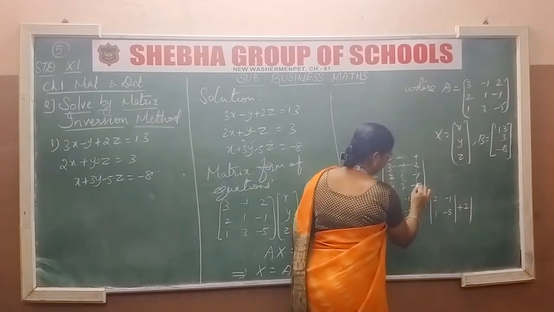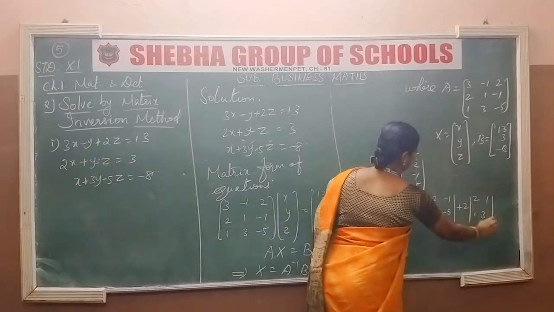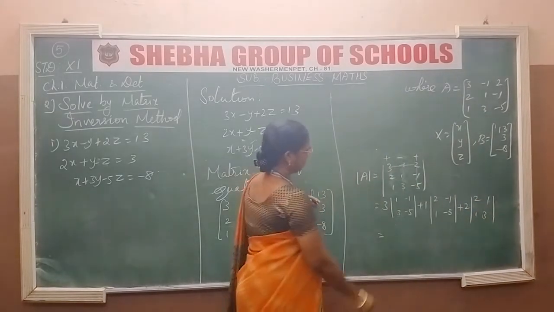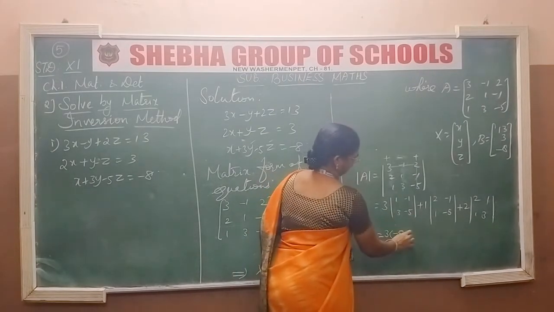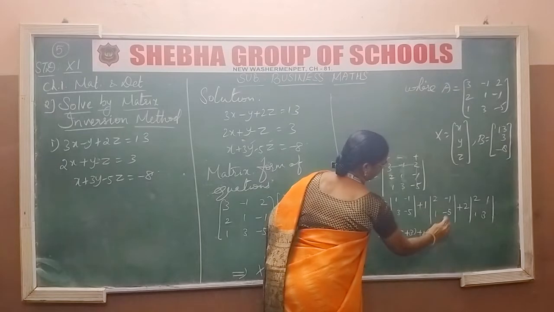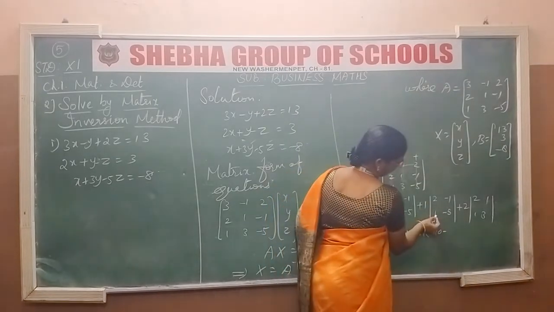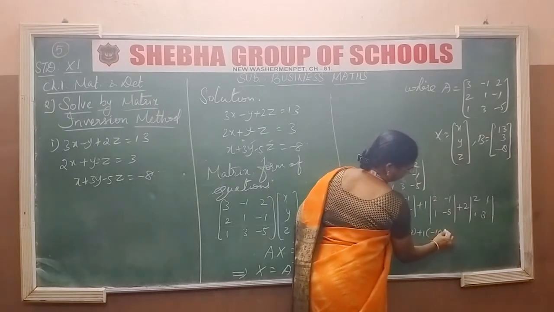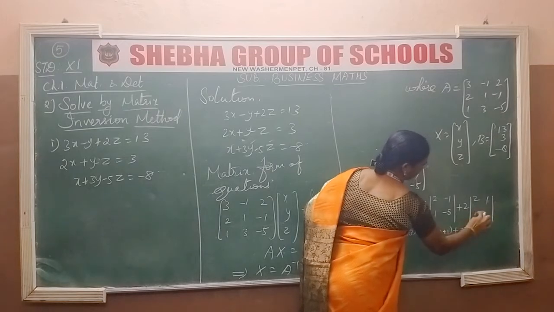Taking its intersecting row and column you get 2 1 1 3. Now get the value: 3 into minus 5 minus, here we get minus 3, so it will become plus 3, plus 1 into 5 to the minus 10 minus, here also we get minus 1, so it will become plus 1, plus 2 into 3 to the 6 minus 1 is 1.